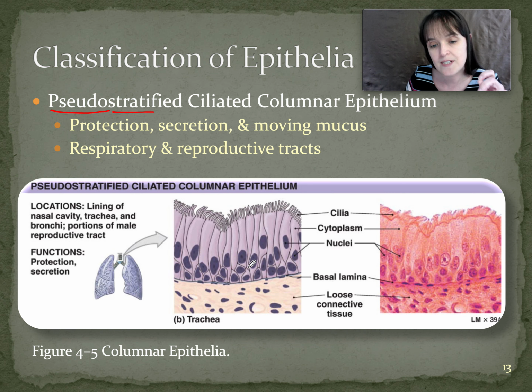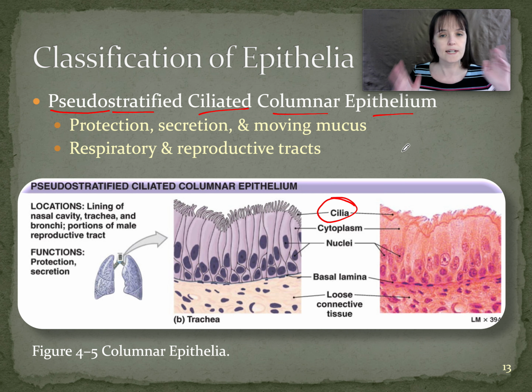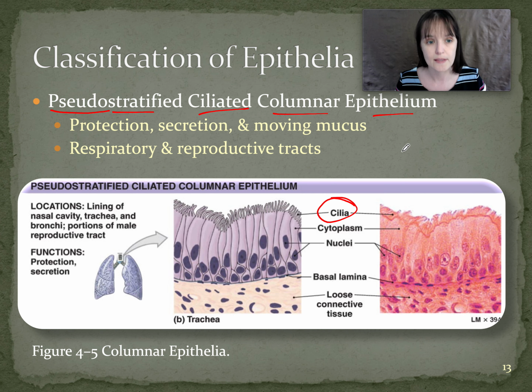And since each cell touches the basement membrane, they're not actually layered. So pseudostratified. And they're ciliated because they have motile cilia. And they're columnar because they're taller than they are wide, like columns. And we're talking about epithelia now. So pseudostratified ciliated columnar epithelia.